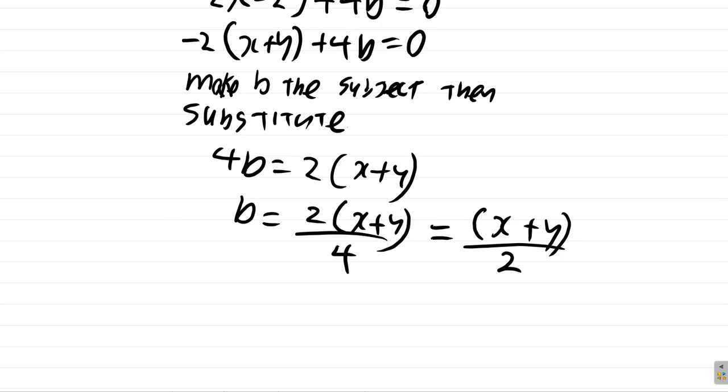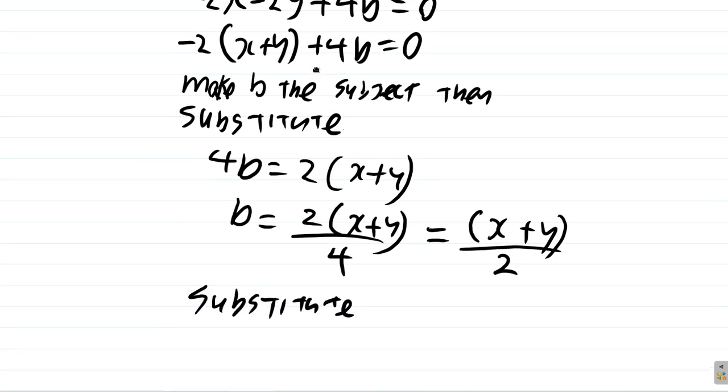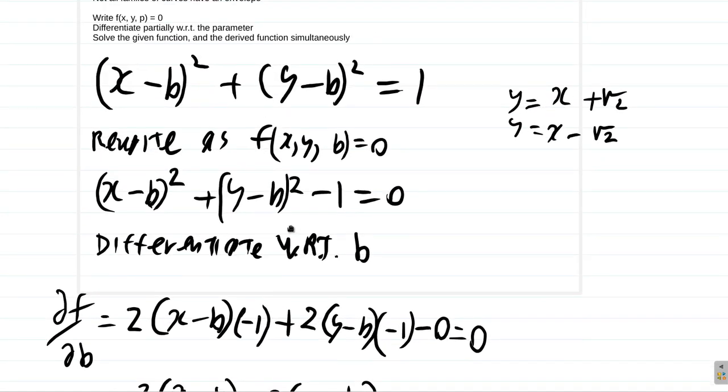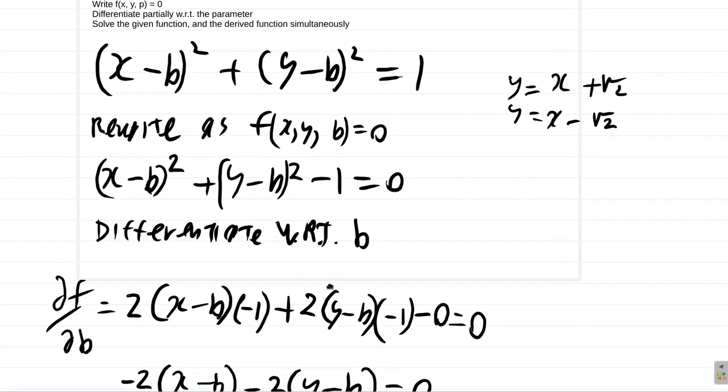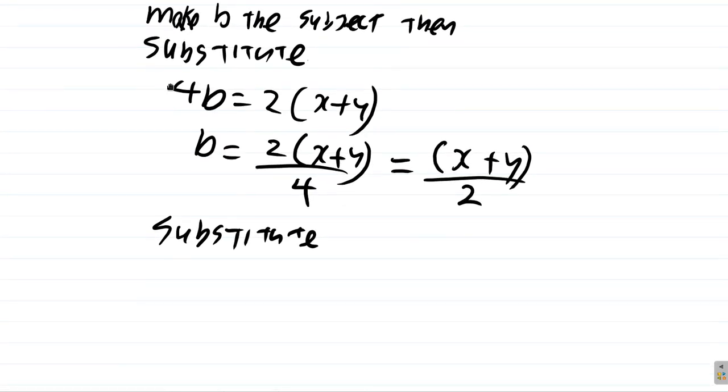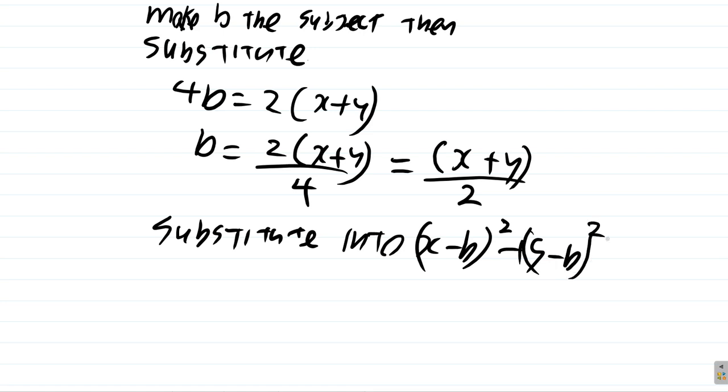Alright? Now, we substitute into this: (x minus b) squared plus (y minus b) squared equals 1. So we substitute into (x minus b) squared plus (y minus b) squared equals 1. Alright?